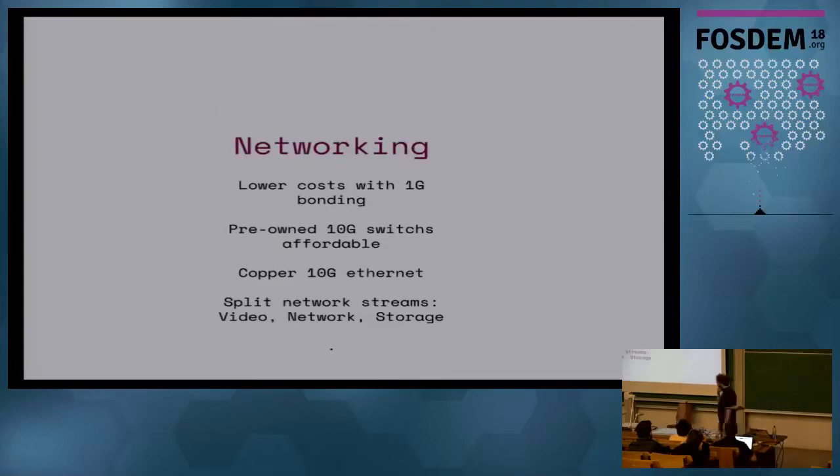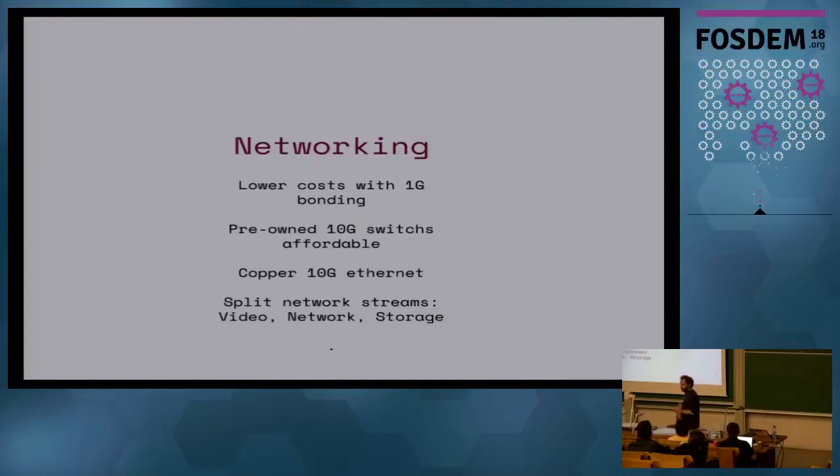Well, on the network part, we started with bonding with Ethernet cards of 4 ports, for example, and we set up bonding to have 4 gigabits. And after that, we started looking at 10 gigabit switches.